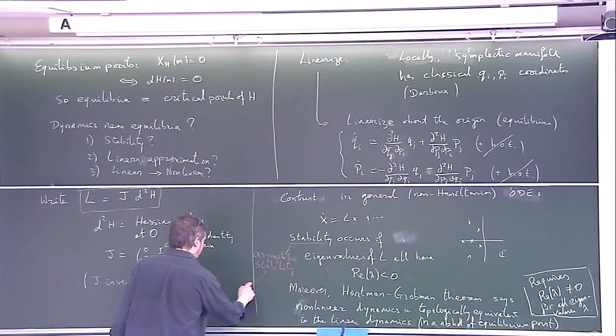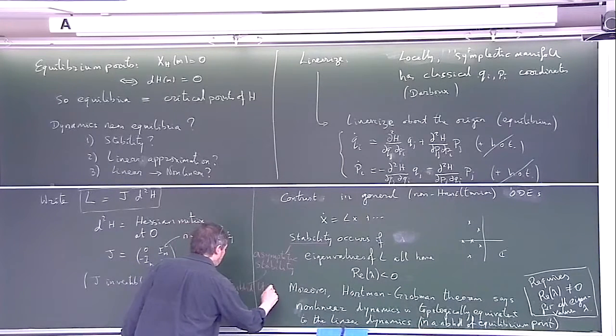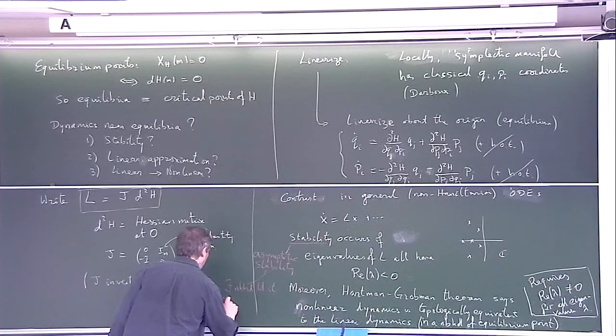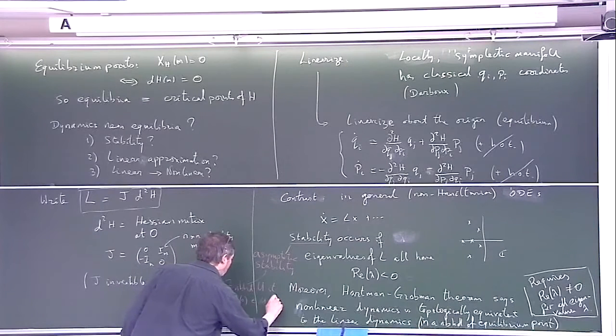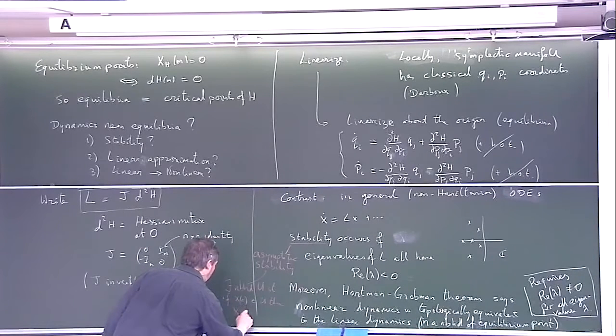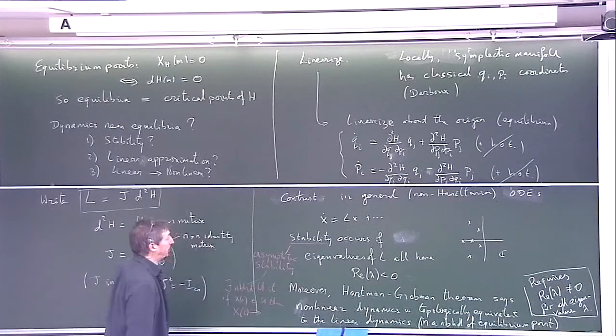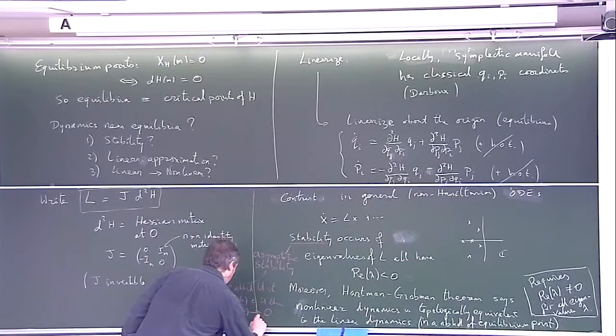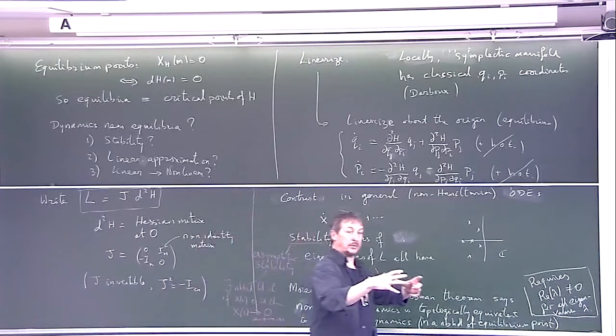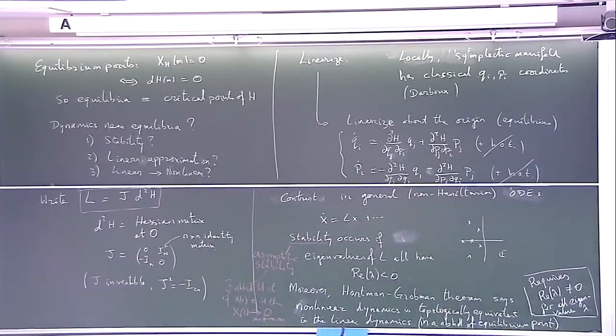So the definition is: there exists a neighbourhood U such that if x of 0, where x of t is a solution, is in U, then x of t tends to the equilibrium point, the origin. So all nearby initial conditions converge to the origin.